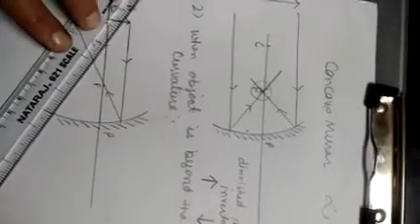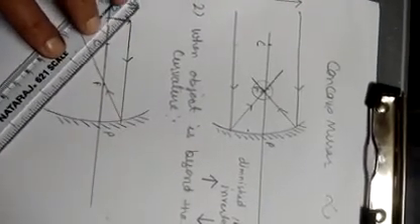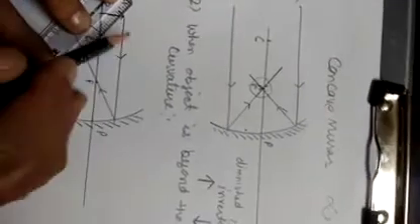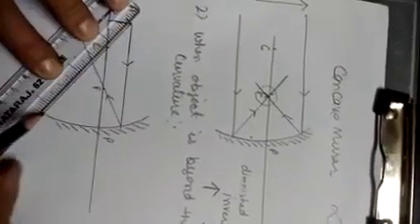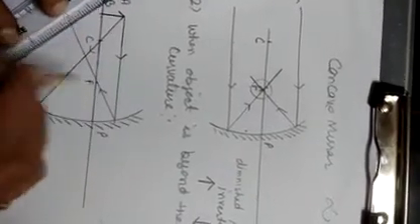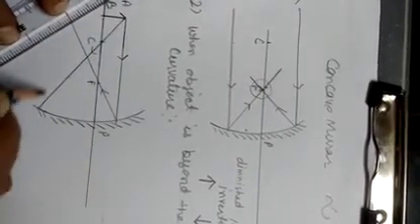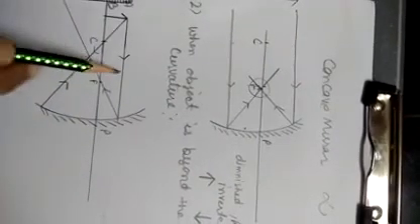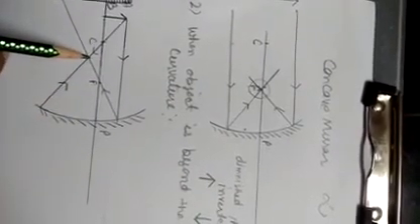We will consider any two rays, and I am considering here the second ray that passes through the center of curvature. The ray that passes through the center of curvature, we have just learned that it retraces its path. After reflection, it retraces its path. So where these two light rays intersect, the image will be formed at that point.